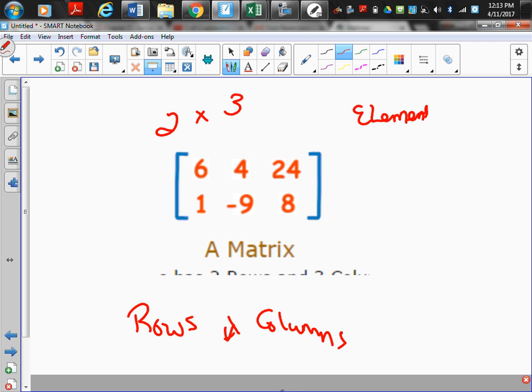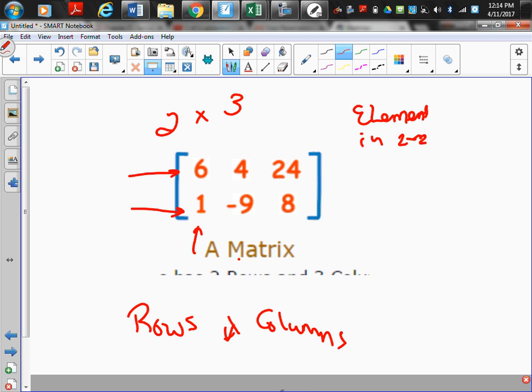I want to know what element is in 2, 2. That tells me I count the second row. Here's 1, 2 rows. So you count your rows. There's my second row.